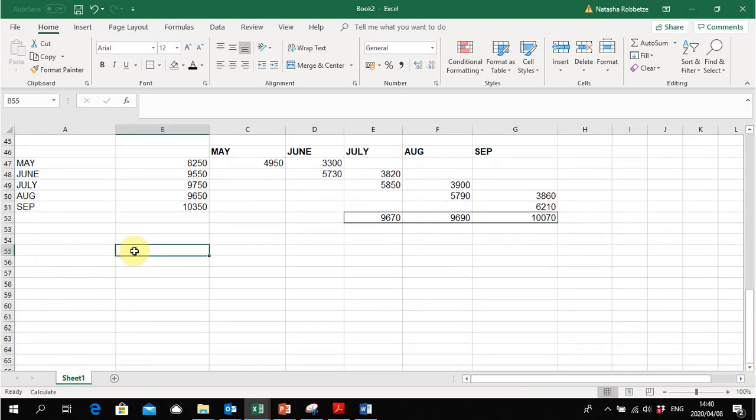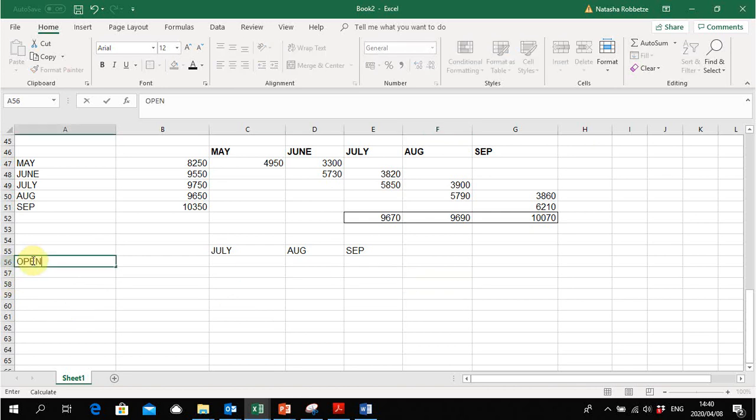Right, so for the cash budget, I'm just going to leave a column for the calculations. So we have July, August, and September. We have an opening bank total. Then we will have some receipts.